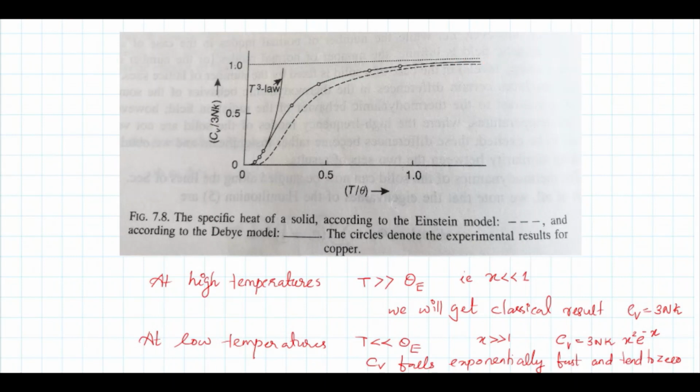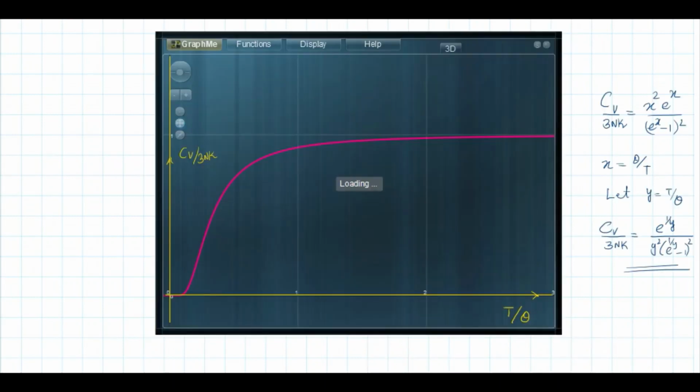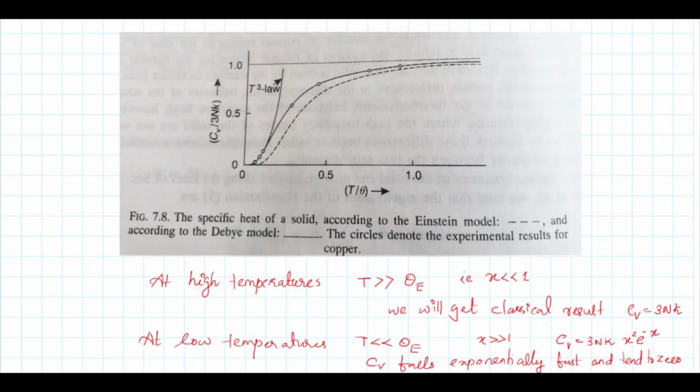But at low temperatures, when T is less than theta E, that is when x is greater than 1, if this x value is very high, this minus 1 can be neglected. This e raised to x square becomes e raised to 2x. When it goes to the numerator, that becomes e raised to minus x. That is, e raised to x by e raised to 2x becomes e raised to minus x.